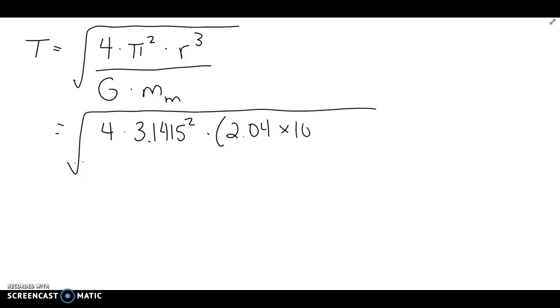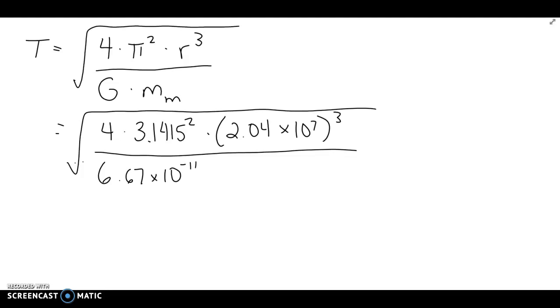2.4 times 10 to the 7th cubed, all over 6.67 times 10 to the negative 11th times 6.42 times 10 to the 23rd, equals.